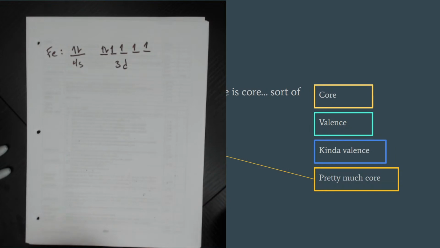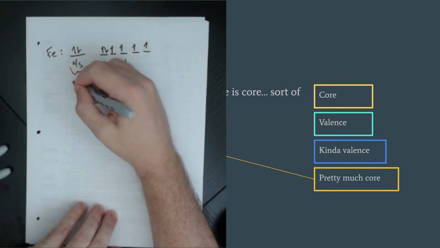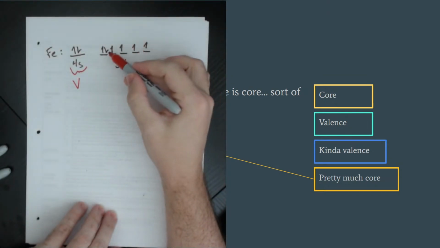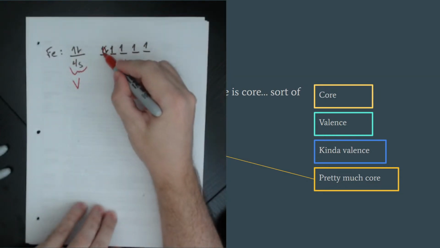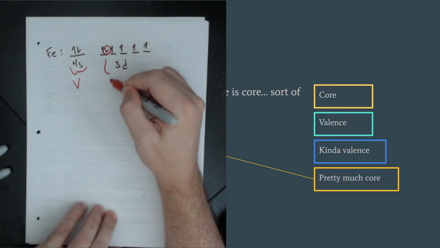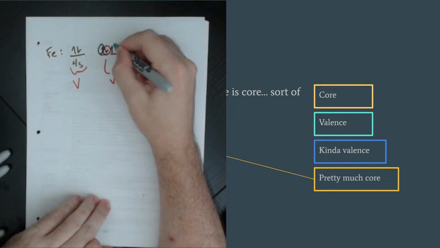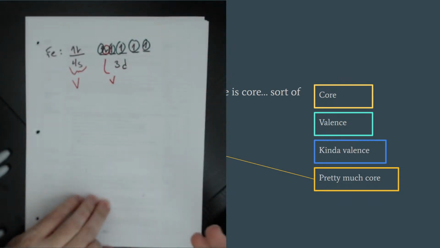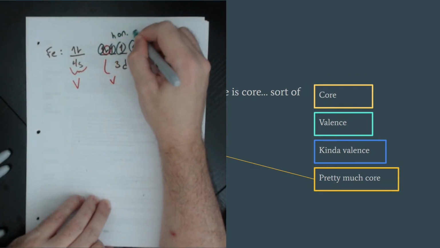All right. So these are definitely valence. Most of these guys are core, because of degeneracy. This guy is unpaired, so he's valence. But because of degeneracy, because these guys all look exactly the same, they have the same spin, and they're in the same subshell, they are honorary core.